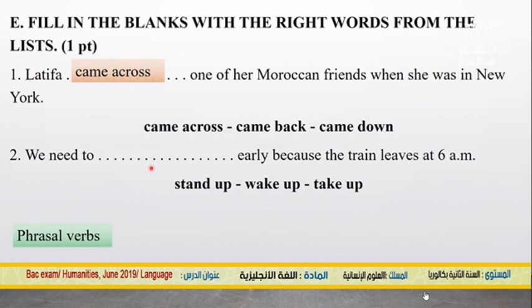We need to wake up. Very good. We need to wake up early because the train leaves at 6 a.m. Well, now we are done with exercise E. Let's have a look at exercise F.